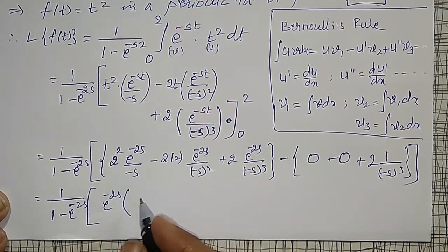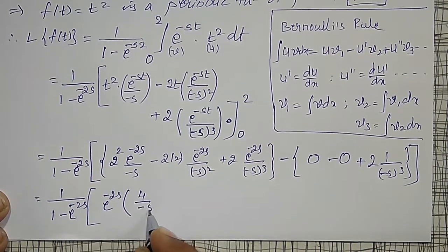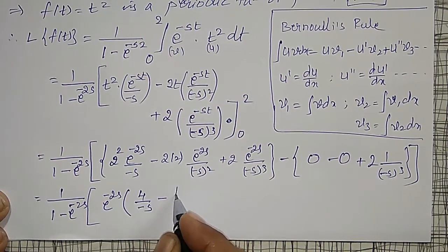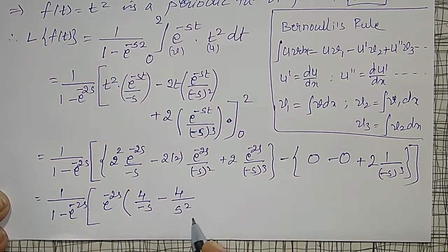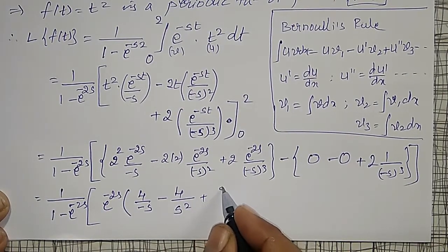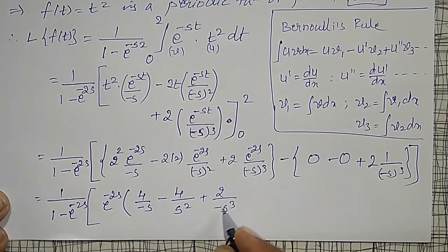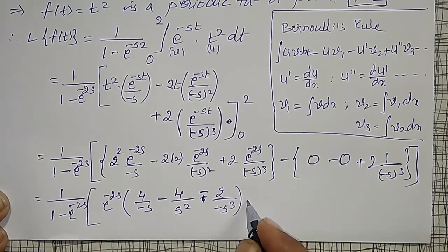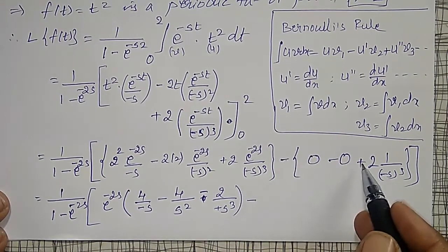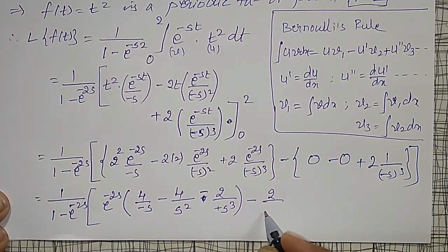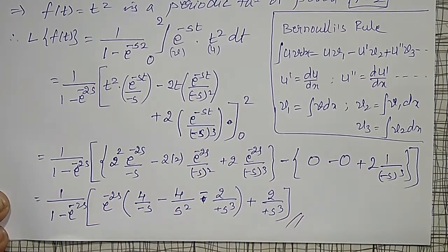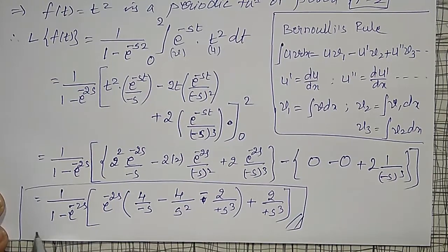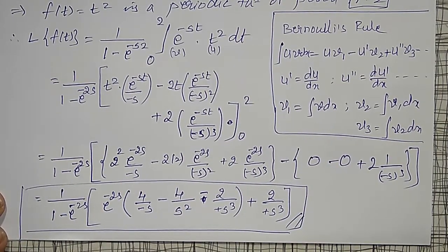Then 2 squared is 4, so 4 divided by minus s, and this is also minus 4 divided by minus s squared, which is plus 4 divided by s squared, and plus 2 divided by minus s cube, and from the lower limit minus 2 divided by minus s cube, and due to this minus I can write it as plus. This is my required answer. This is the Laplace transform of a periodic function.